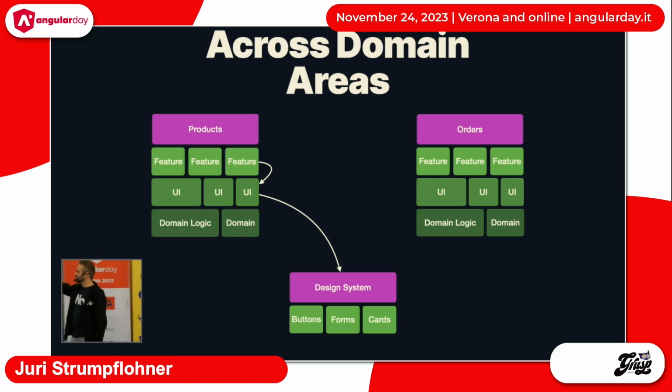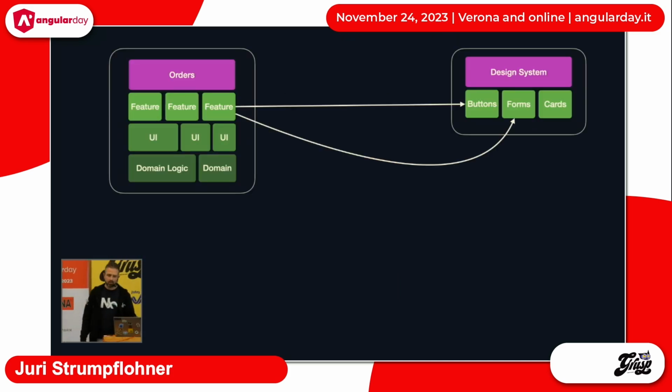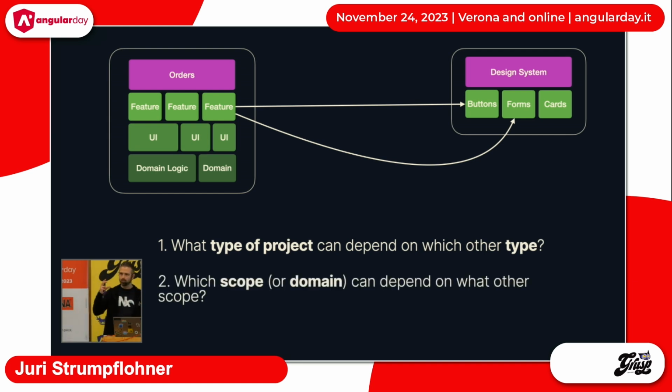Because this is probably what we want to have, right? So we want a feature to depend on its own UI libraries, which then assemble different lower level design component systems. And what we did there is we developed an approach or a feature set which allows you to define rules that say which type of project can depend on which other type of project and which domain area or scope can depend on which other scope, right?